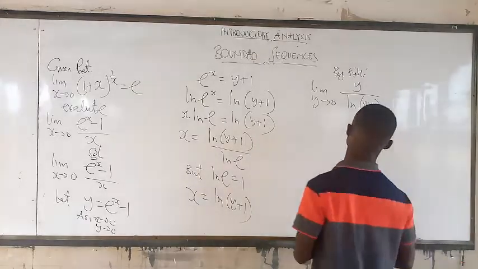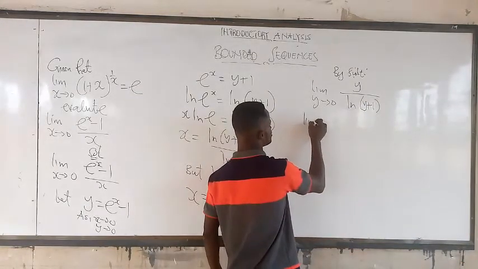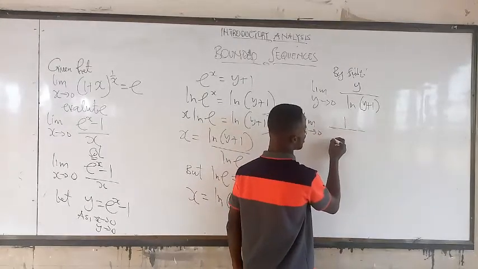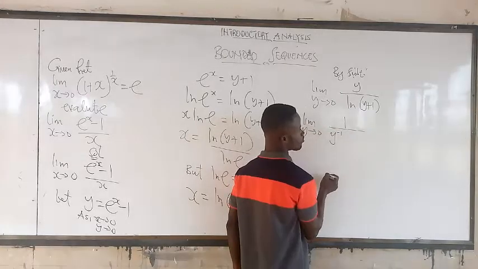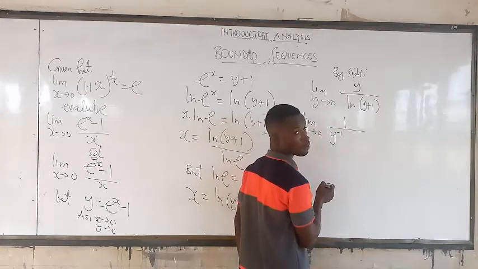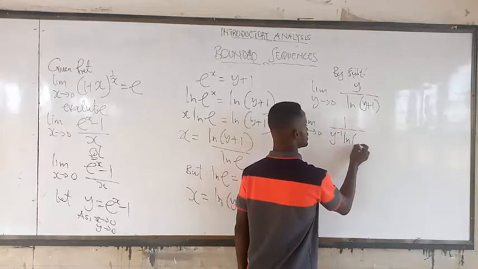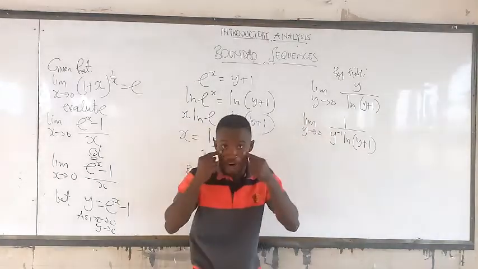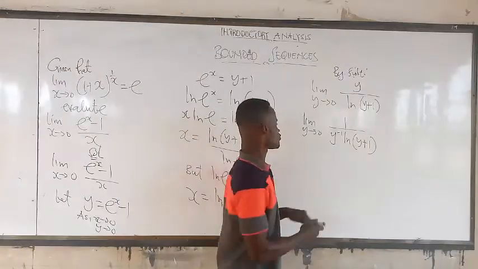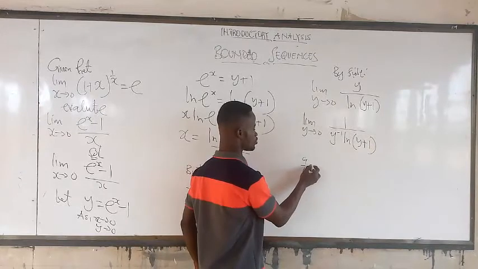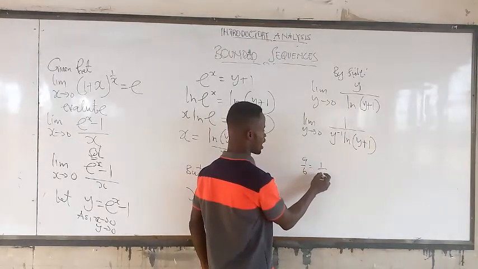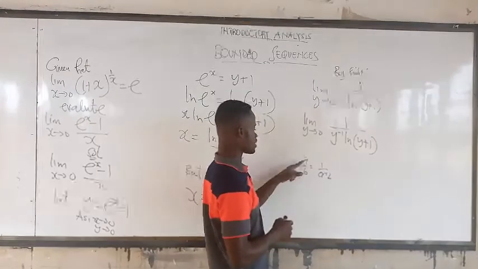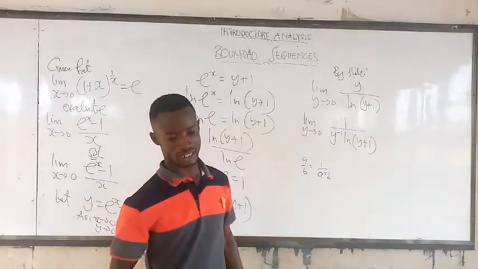So having this, we can rewrite this as the limit as y approaches 0 of 1 over (1/y) ln(y + 1). Open your eyes well. If you have a over b, you can get 1 over b over a, the inverse, that is when this comes downward. You are going to get that. Indices.